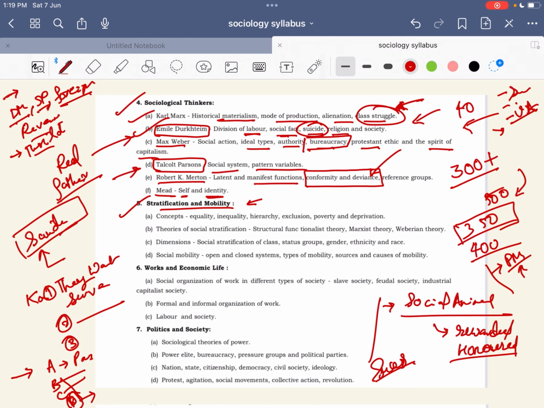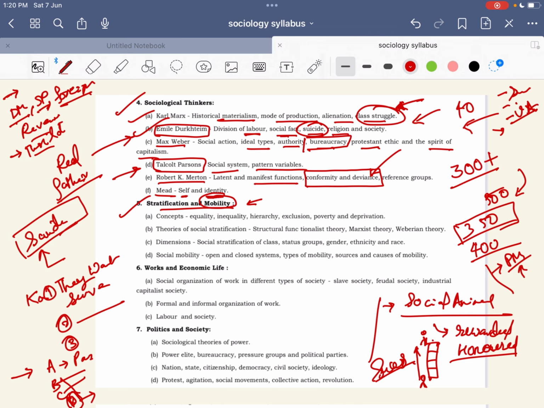And when the society is in stratification, whether western or Indian, if there is no mobility, let's say this is a building, 1 2 3 4, and this person is on the lower stratum and this one is on the upper stratum, but he should be given a chance so that at some point in his life he can come up.